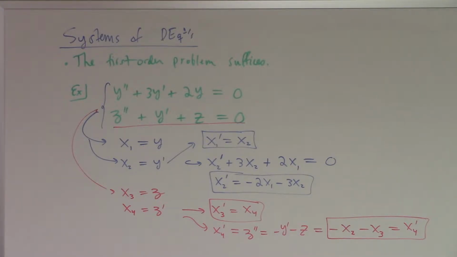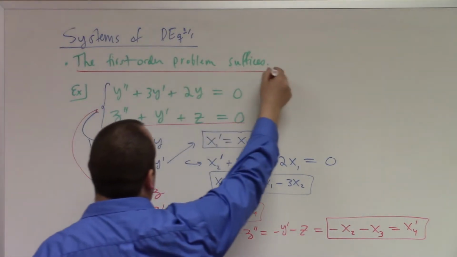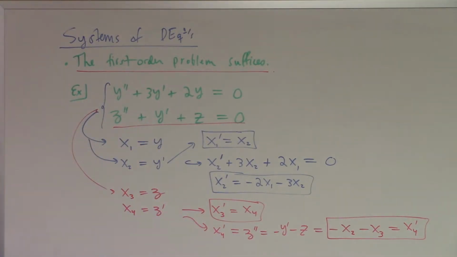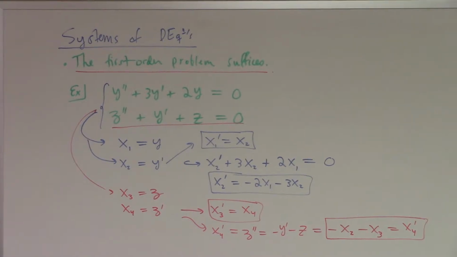And you can always play this game to reduce order, to eliminate higher derivatives in terms of lower derivatives by adding variables. So this is called reduction of order. Because I can do this, I don't want to prove it in general, but trust me, you can do it. If we can solve the first-order problem, we've solved all problems, right?